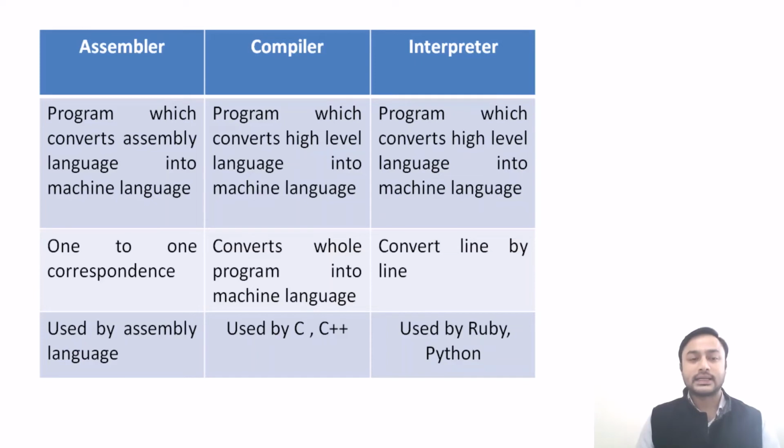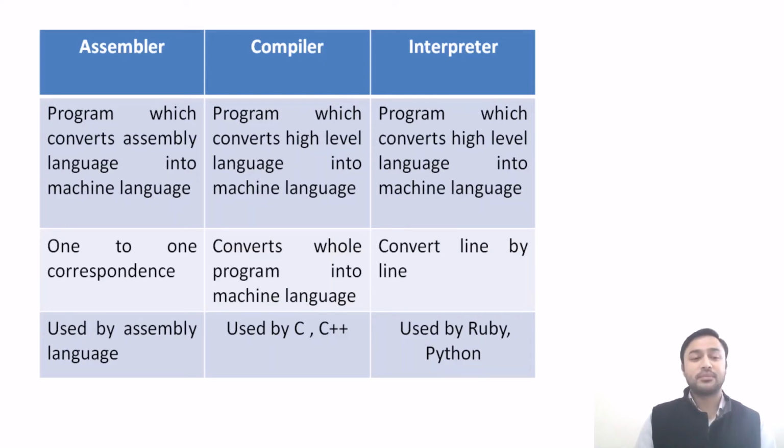A program. ट्रांसलेटर क्या है? एक प्रोग्राम है. जैसे आपके बहुत सारे ट्रांसलेटर है, असेंबलर है, कंपाइलर है, इंटरप्रेटर है, ये सारे क्या है? प्रोग्राम है. तो ये प्रोग्राम क्या करेंगे? कन्वर्ट करेंगे. तो असेंबलर के केस में क्या होगा? असेंबली लैंग्वेज को कन्वर्ट किया जाएगा मशीन लैंग्वेज में. Whereas in case of compiler, it will convert the high level language into machine language. Whereas in case of interpreter, it will also convert the high level language into machine language.